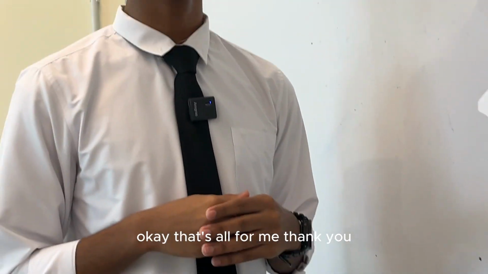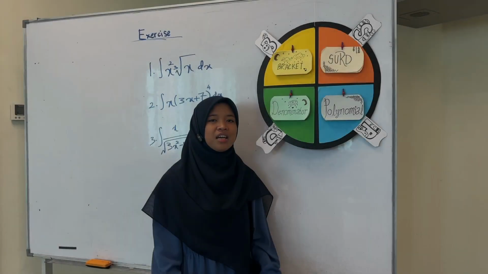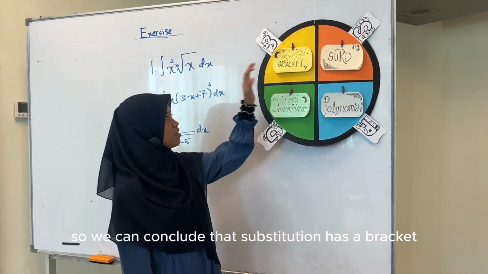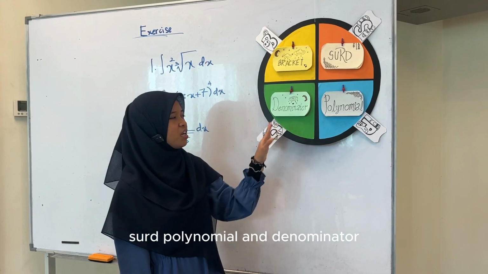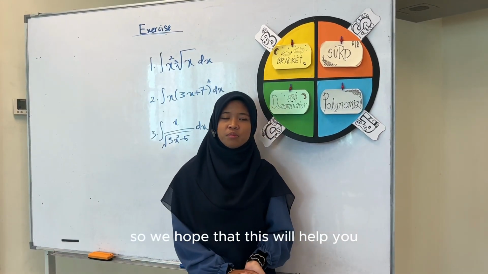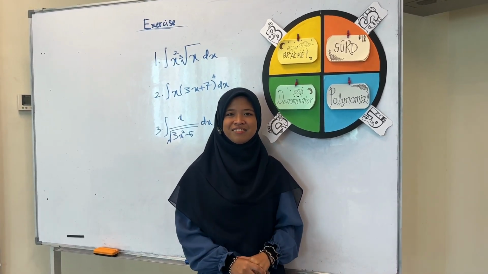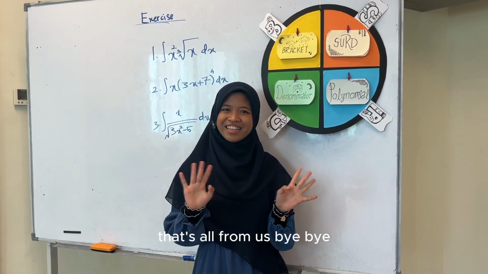Okay, that's all for me. Thank you. That's all from us, so we can conclude that substitution has bracket, root, polynomial and denominator. So we hope that this will help you solve the questions easily. That's all from us. Bye-bye.